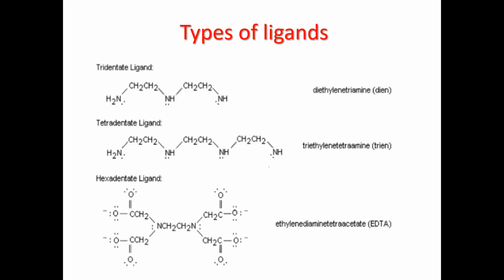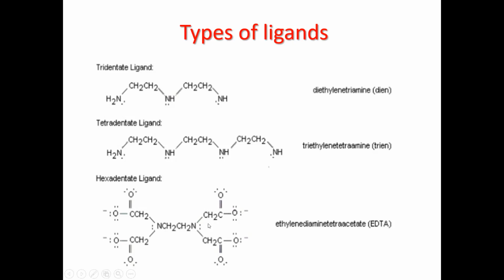This is a tetradentate ligand, meaning that there are 4 sites via which this ligand complexes with the metal ion. So we have 4 amine groups, and these are the 4 sites that this ligand can attach itself to a metal ion. We have the hexadentate ligand.